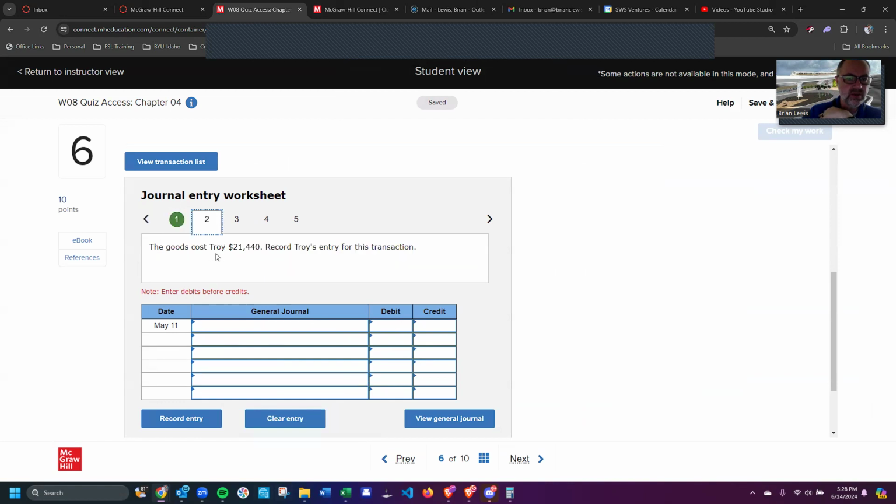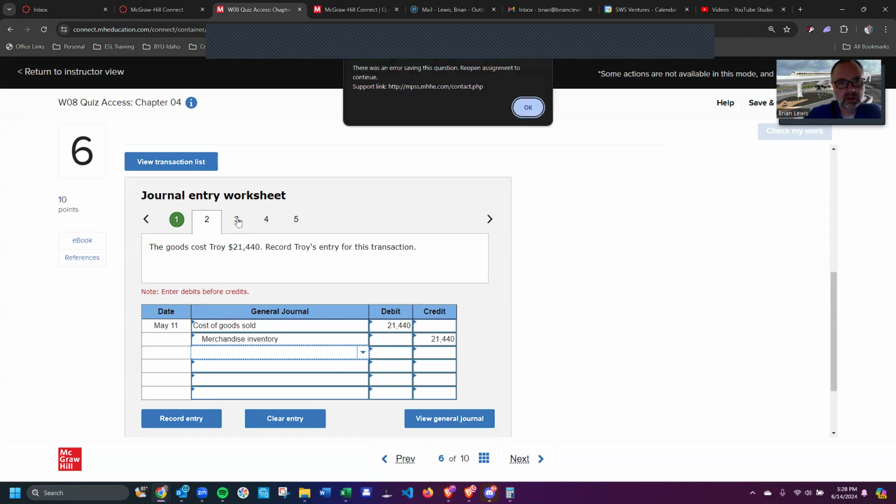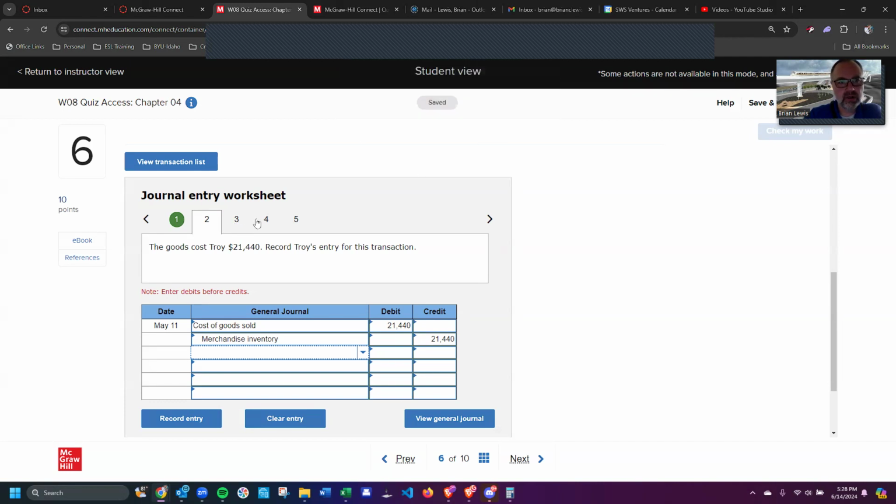So one's the sale and one's the cost of goods. So this is going to be cost of goods sold for 21,440 and merchandise inventory for 21,440. Okay, so then we're going to go to number 3.